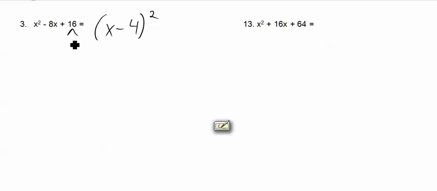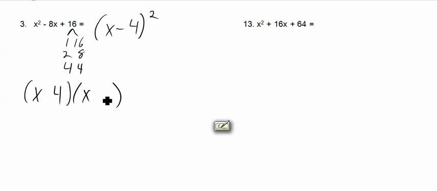We're looking for factors of 16 that when we add them equal 8 or negative 8. 2 and 8, 4 and 4. So 4 plus 4 equals 8. So our binomials are x plus 4, but because we need this to be negative, we need negative 4 times negative 4. Negative 4 and negative 4, which is the same as x minus 4 squared.